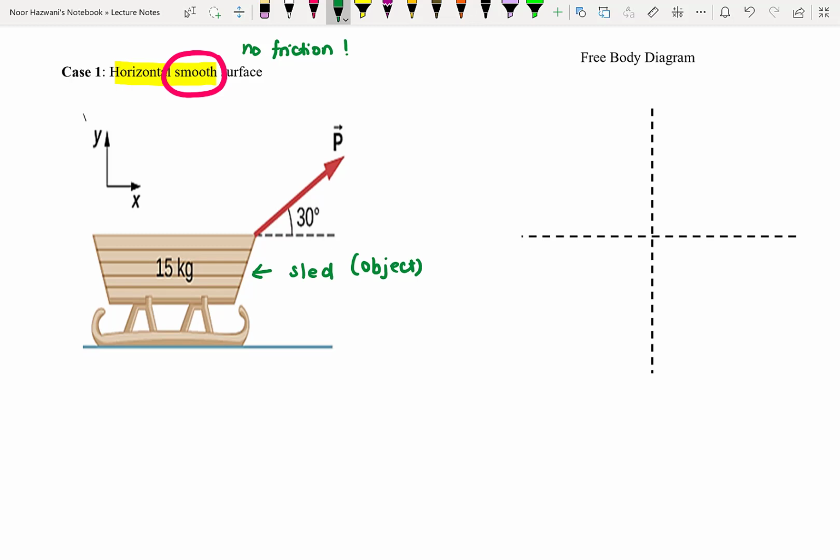So let's identify all the forces acting upon the slat. The easiest force to identify is weight. Why? Because everything in this world has weight. The second force is, since you could see clearly that the slat has contact with the smooth surface, therefore it has normal force.